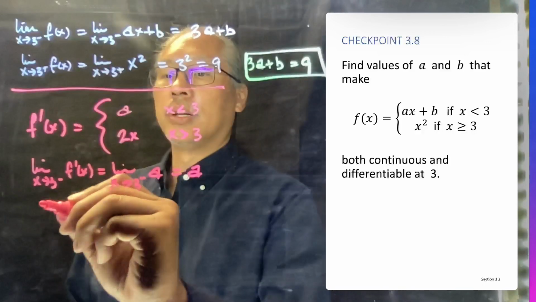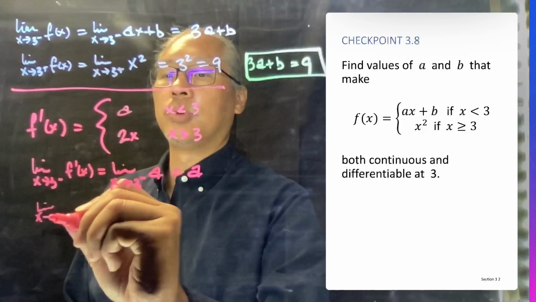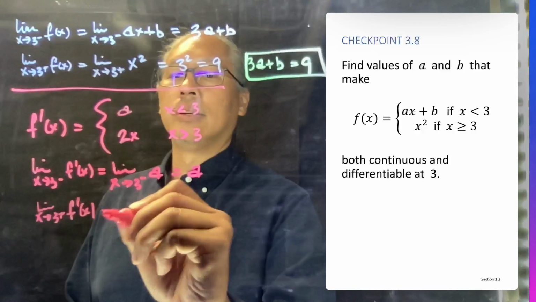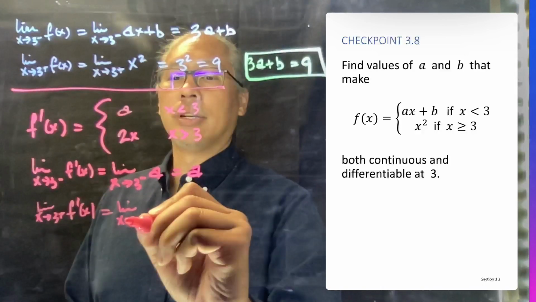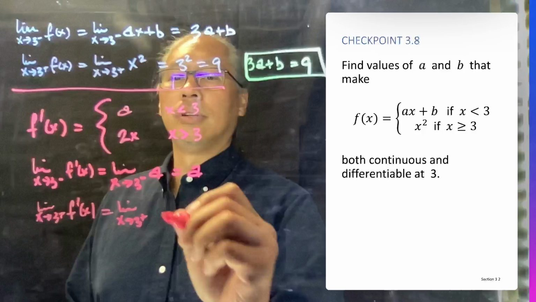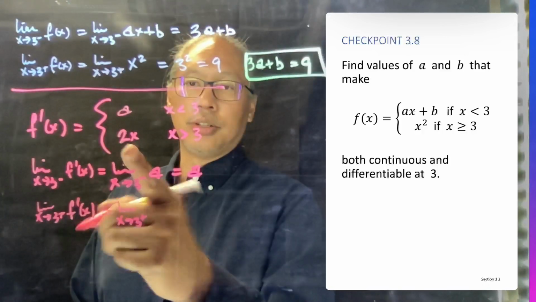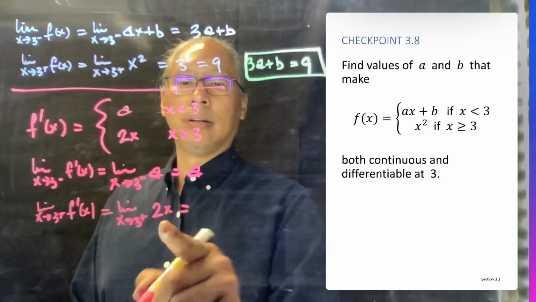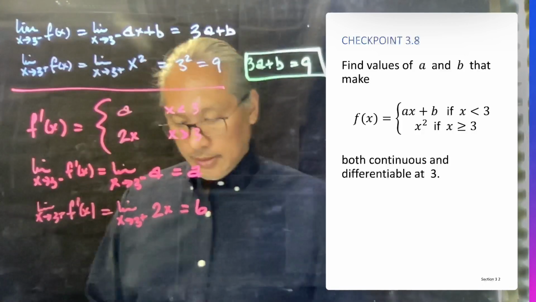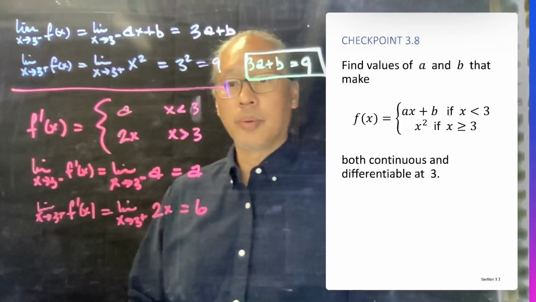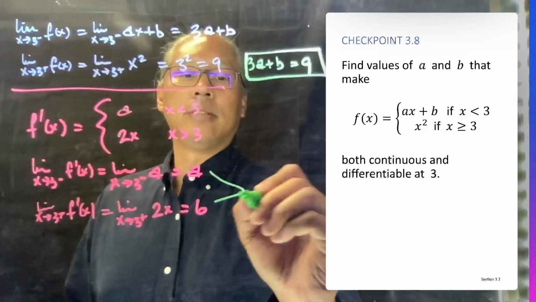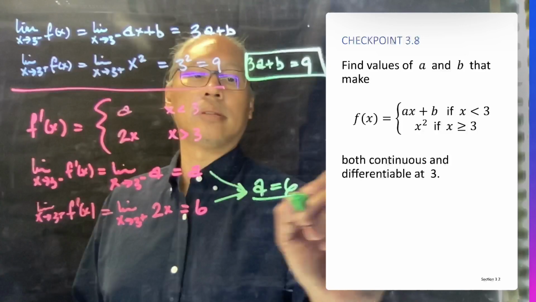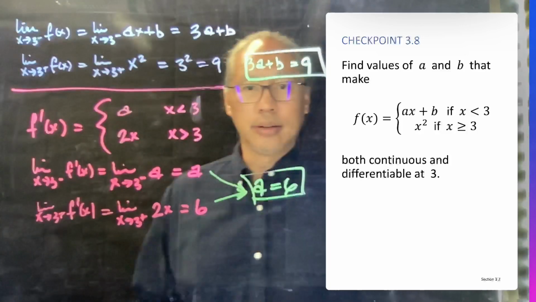And then we're going to take the limit as x approaches 3 from the positive side of the derivative function that we just found. That's going to be the limit as x approaches 3 of 2x. We just put 3 in there, and we're going to get 6. So these two things are supposed to be equal to each other: a is equal to 6. So that's already one of the variables that we found.